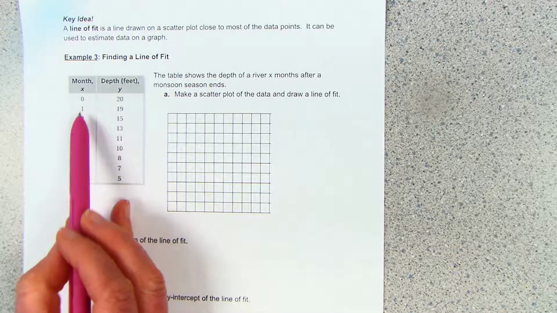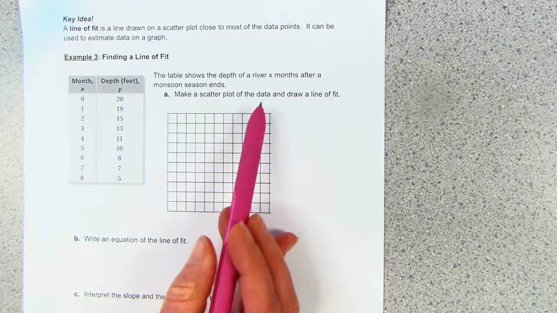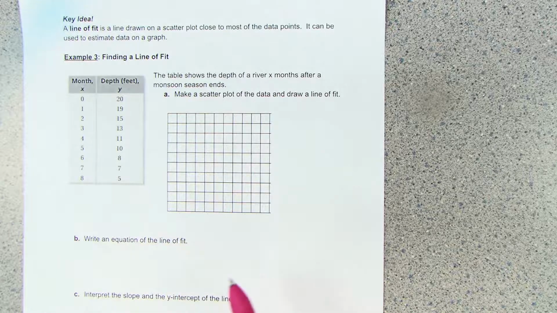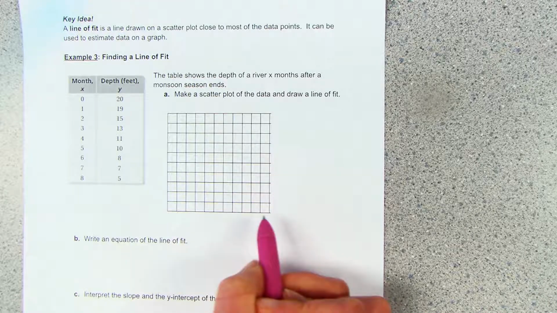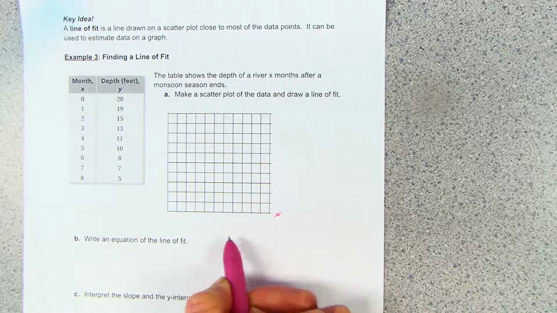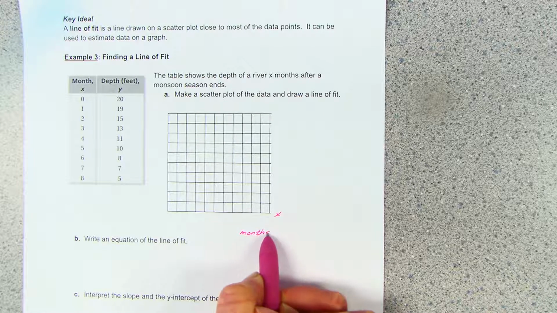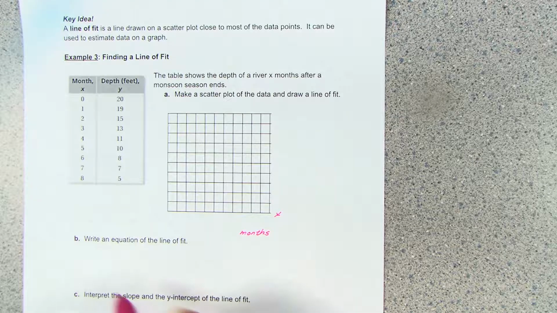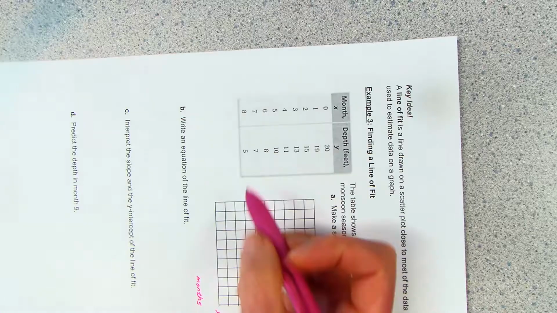So we have this graph that shows the depth of a river in X months after the monsoon season ends, right? And so X is going to be months, and our Y data is the depth in feet.